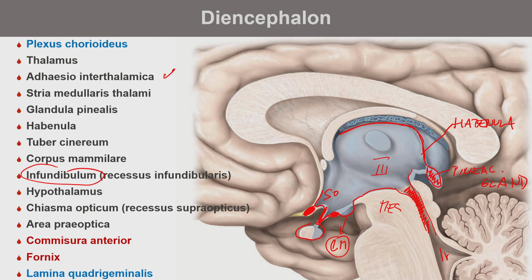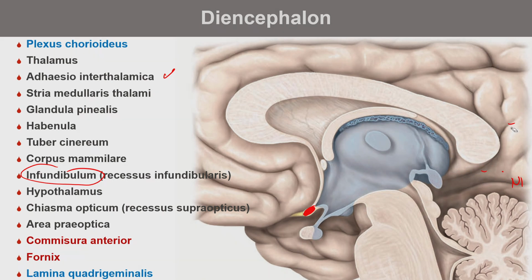So the other parts or surroundings which are associated with structures of the diencephalon are those which are seen here. And this is anteriorly. This is a preoptic area. And here are structures which we will have in a description of the so-called commissural white matter. This is the commissura anterior, the anterior commissure.